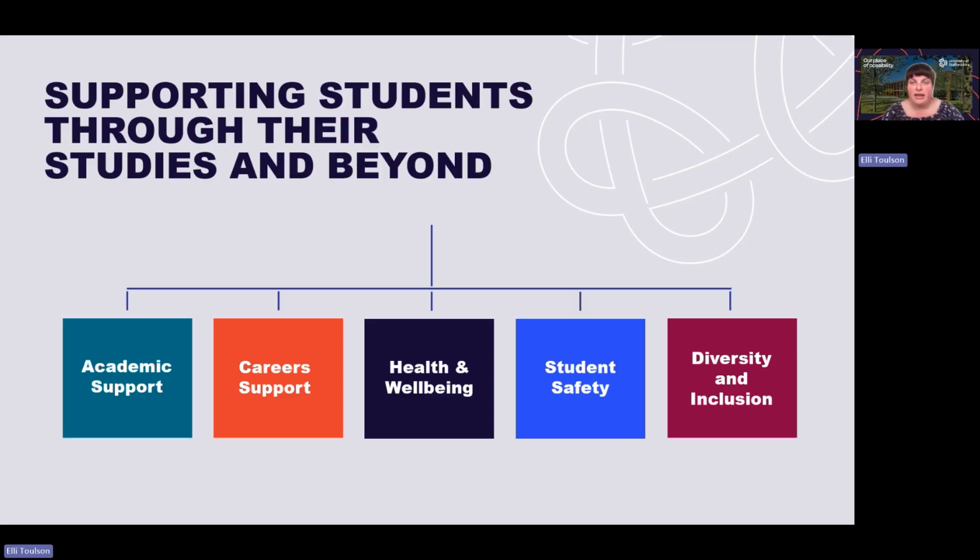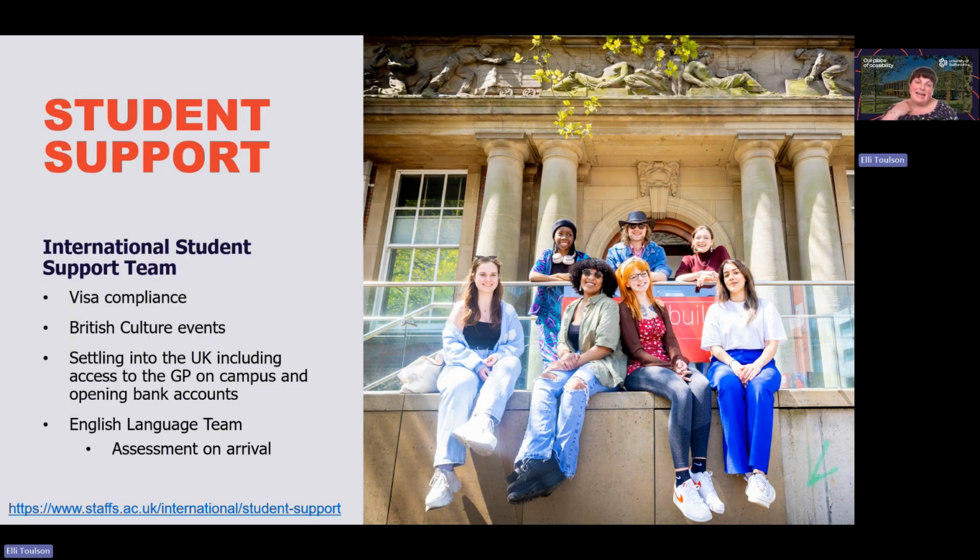With our health and wellbeing team, you can get support with settling into the UK, getting registered with the doctors, all those sorts of things. So there really is full wraparound care for you. As I said, the first port of call for you will be our student support team, who help monitor that visa compliance aspect.